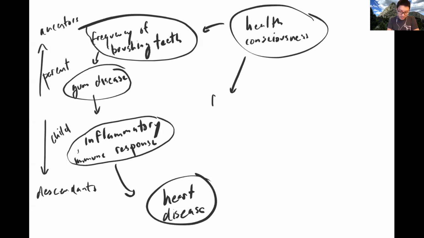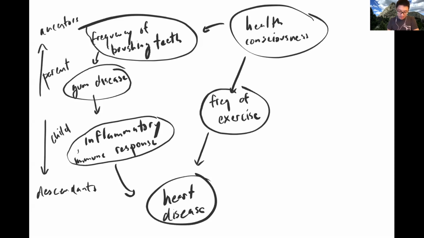And the healthier you are, maybe your frequency of exercise will be affected, and this may affect your heart disease in some way. And maybe this will also affect, let's say, the amount of fat and red meat in your diet.